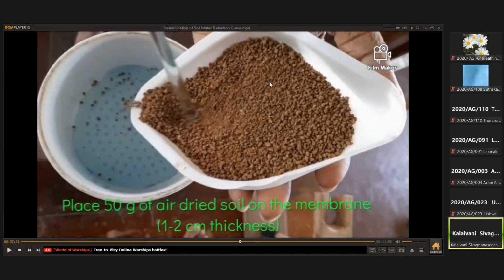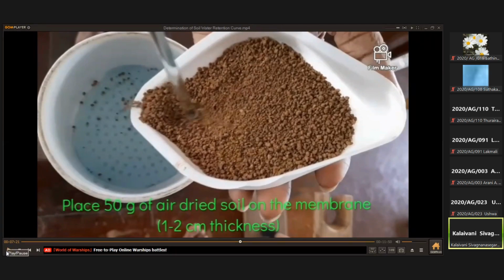We take 200 gram of sandy soil in a beaker, and the soil should not have any water. That means we are not taking a saturated soil, we're just taking a dry soil that is free from moisture. From that we transfer some amount of sandy soil to the Buchner funnel like this.